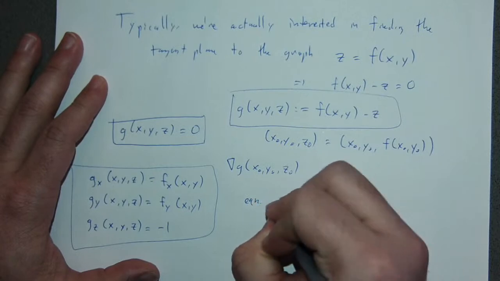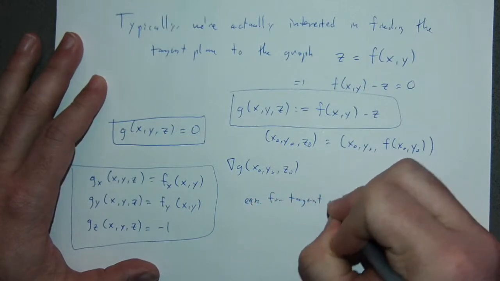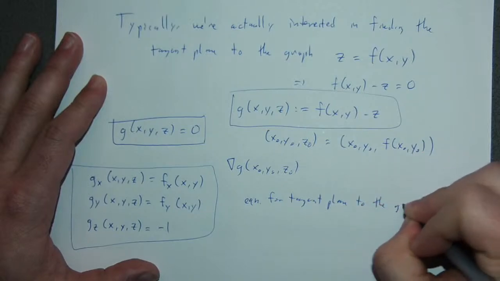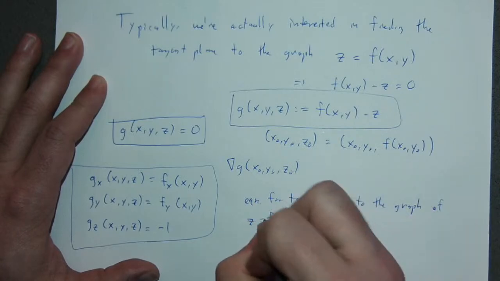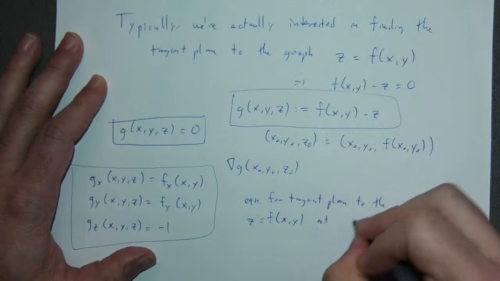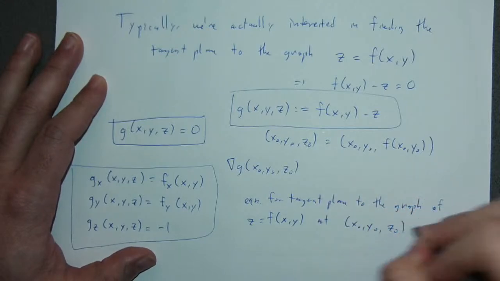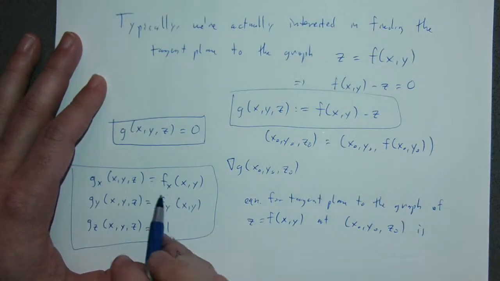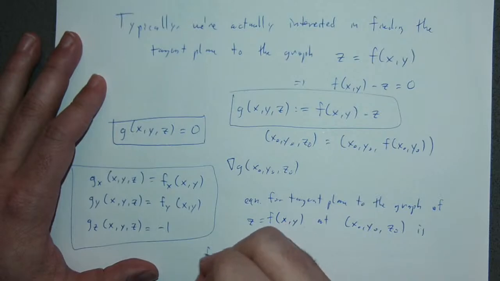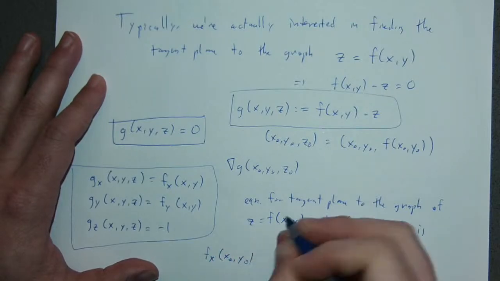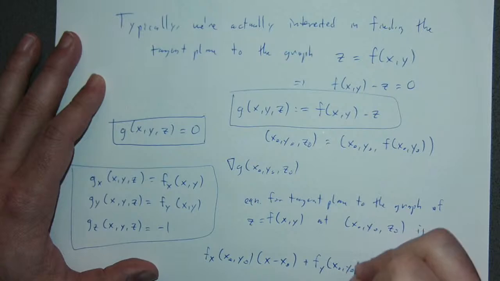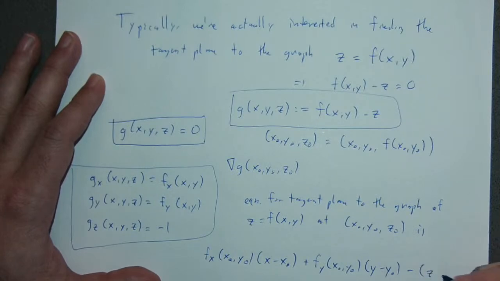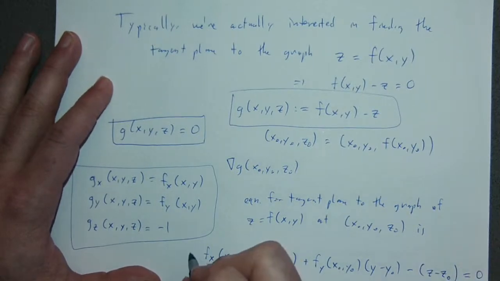The equation for the tangent plane to the graph of f of x y, or z equal to f of x y, at x naught, y naught, z naught is: the x component is the x partial of f, so this is f sub x at x naught, y naught times x minus x naught, plus f sub y at x naught, y naught times y minus y naught, minus 1 times z minus z naught, is equal to 0.